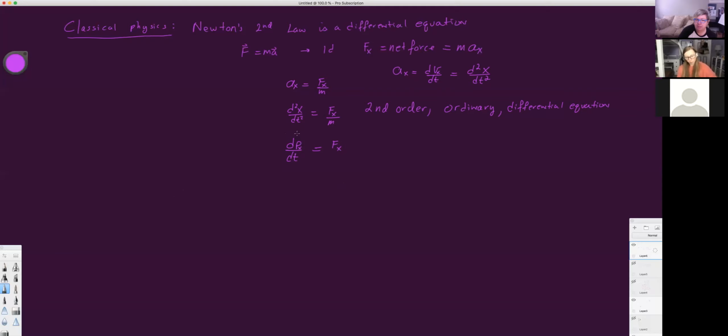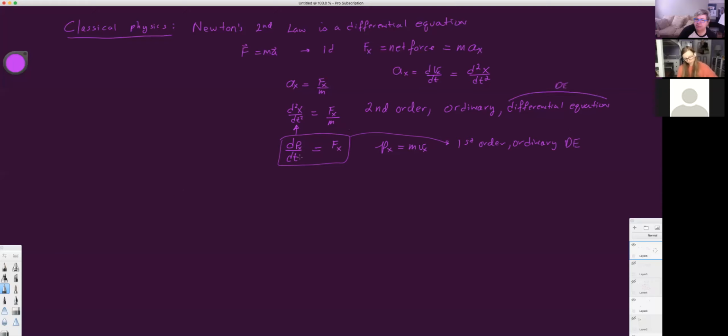This is actually the exact same equation, except for the m, since p sub x is m v sub x, the momentum. So this is even more fundamental. And this is written as a first order, still ordinary, differential equation, DE. It's the same as this, except that this accounts for the mass.